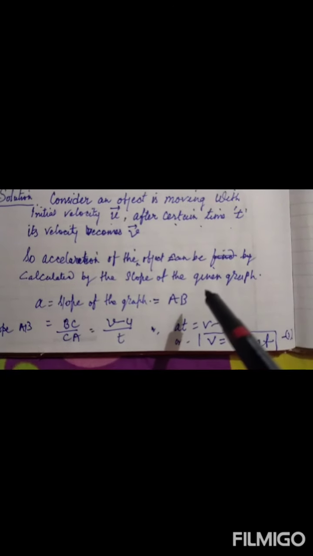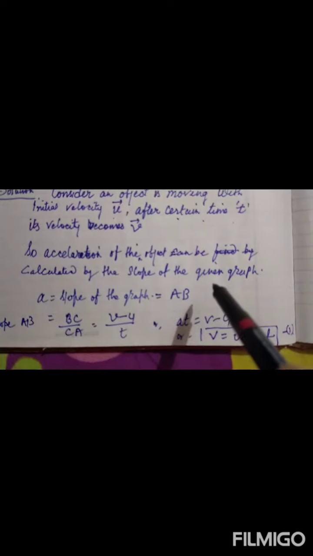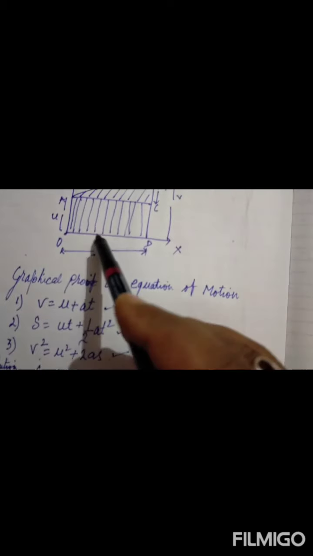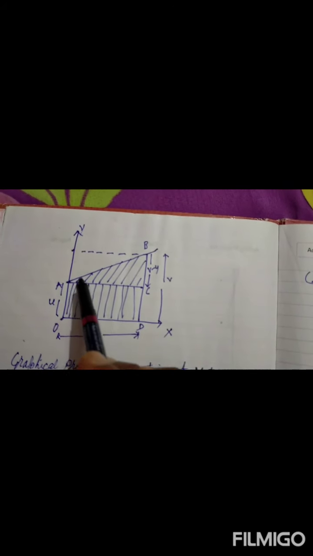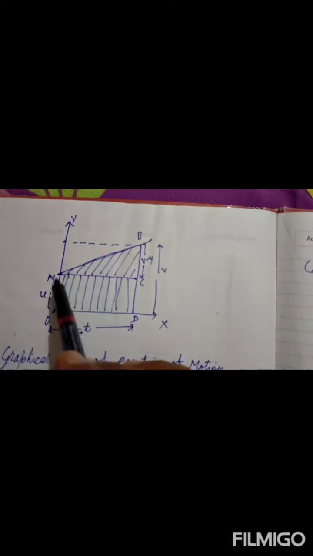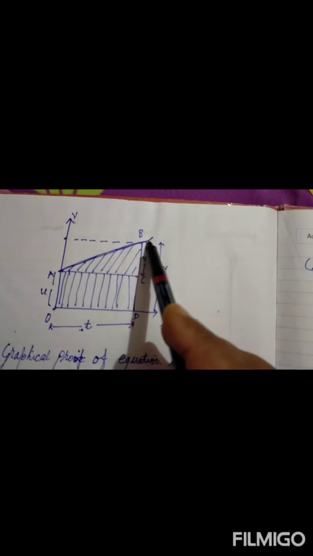So the acceleration of the object can be calculated by the slope of the given graph. As we know, the slope of a VT graph gives us acceleration. So acceleration equals the slope of the graph, that is AB. AB means this line, AB is the slope of the graph and this line gives the acceleration.